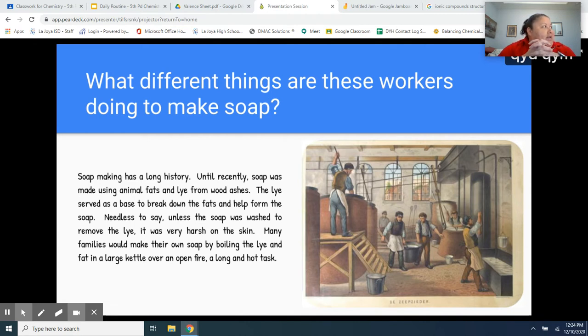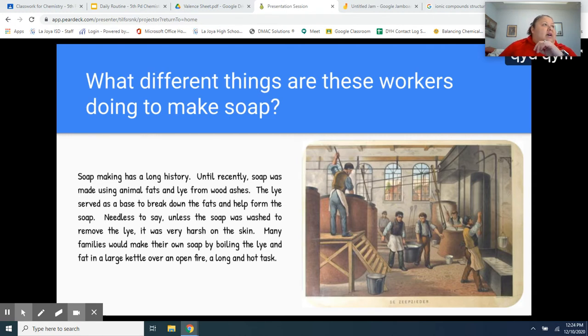But lye, according to dictionary.com, is a highly concentrated aqueous solution of potassium hydroxide or sodium hydroxide, or any solution resulting from leaching, percolation, or the like. So it's basically that hydroxide part of soap.